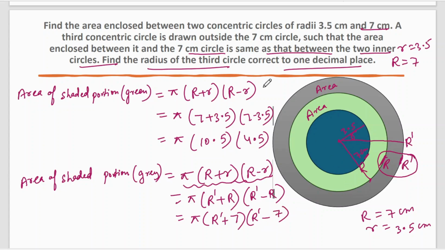Now they are telling us they are the same. That means the area of the shaded portion gray and green are both the same, so now we can equate both of them.